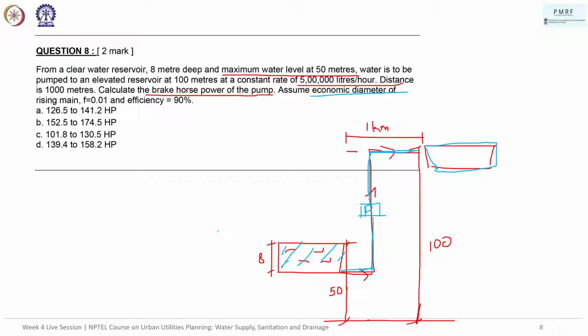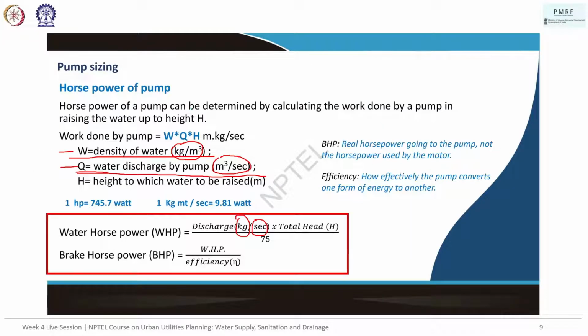So in this conversion, not all machines will be able to convert the transition from electricity to mechanical energy completely. So there will be an efficiency that is marked with the pump. So currently we are assuming an efficiency of 90%, which is also accounted for here.